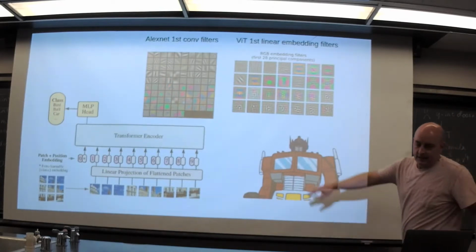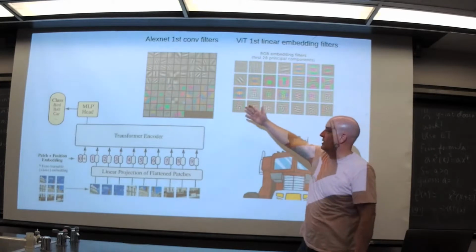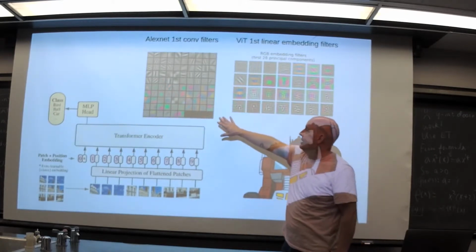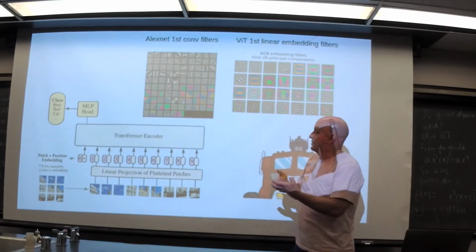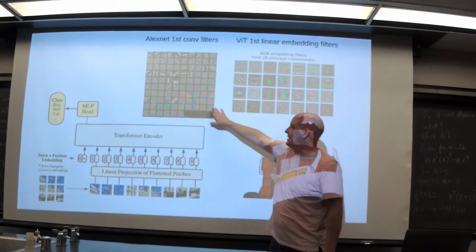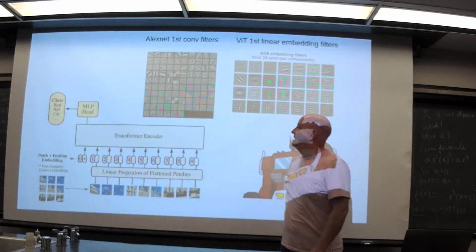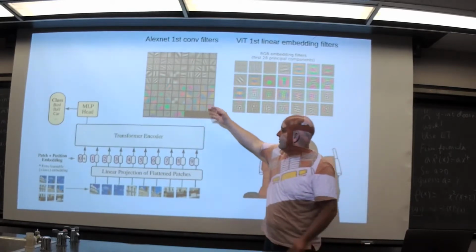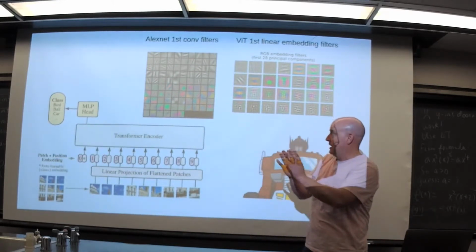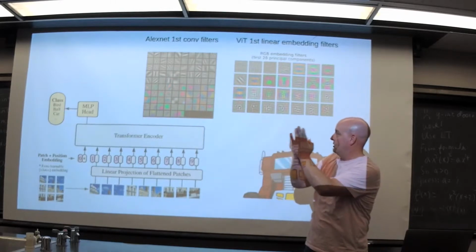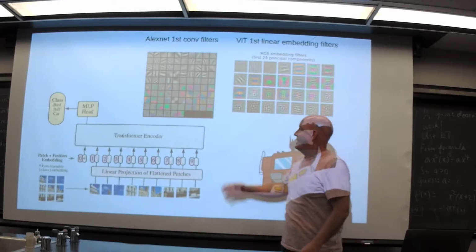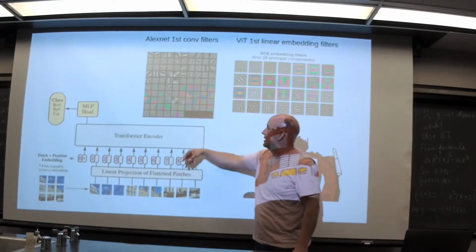And pictures like this we'll see a lot more of as we go through the class, but these are often ways of visualizing what's being learned in a convolutional layer. So these are filters. Think of these as vectors, and when another vector in an image looks like this, we take dot products, and you're going to get a large, positive dot product, meaning that these things are aligned. That's a signal saying, hey, you look like one of these things.